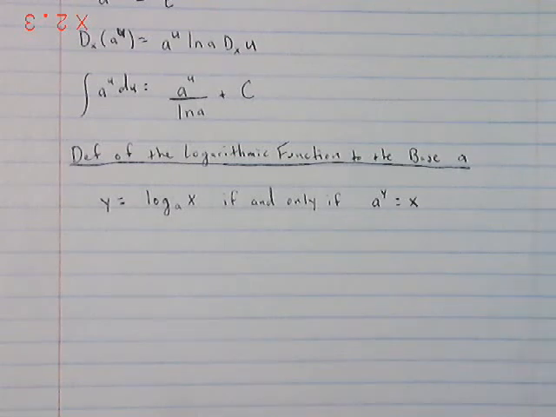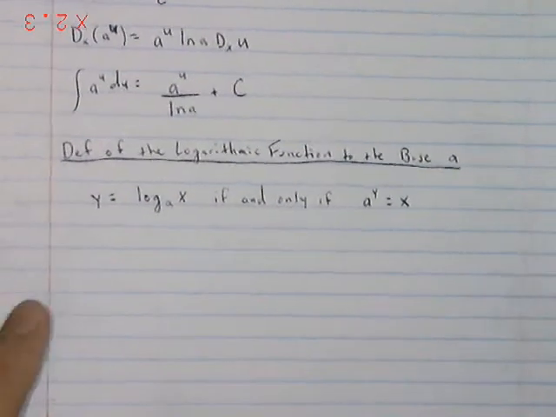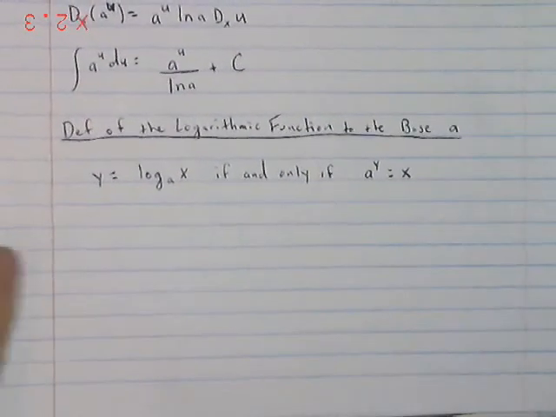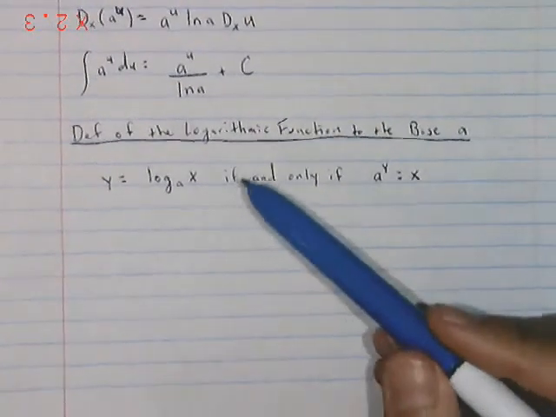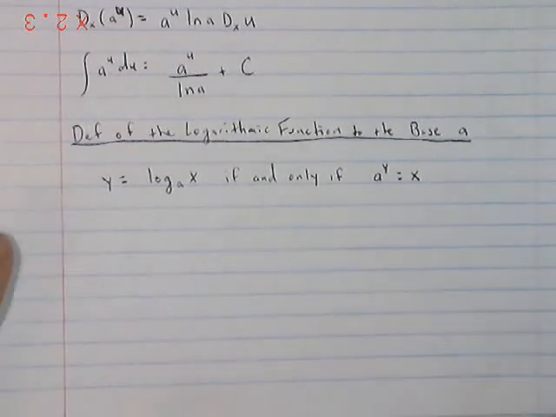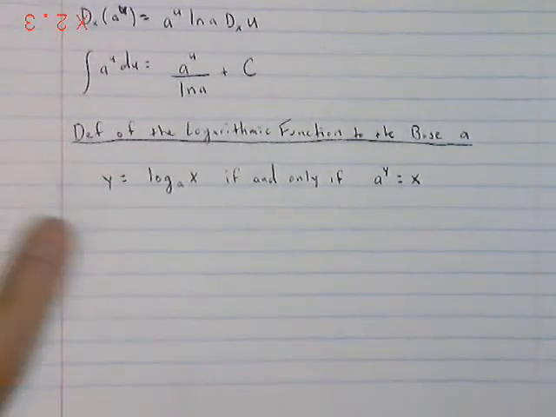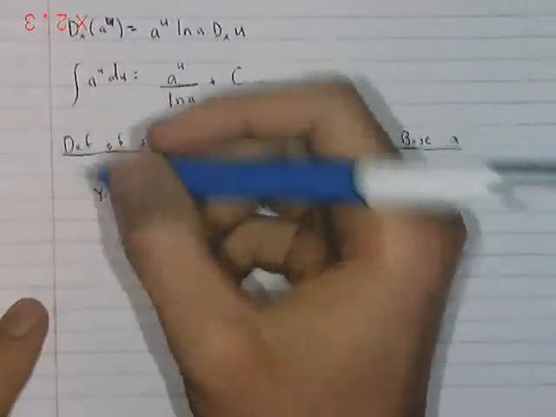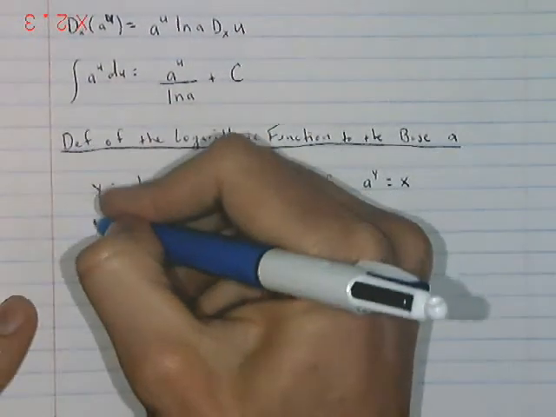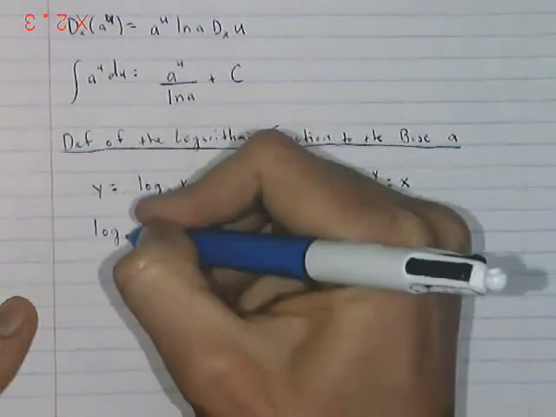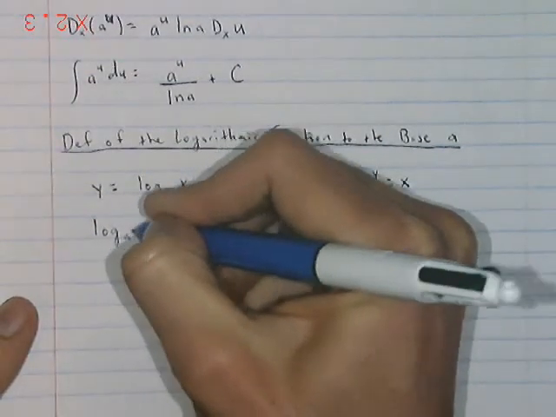Multiplication turns to addition, division turns to subtraction, etc. At this point, it's also worth mentioning this idea of changing the base of a logarithm, which comes from the fact that when this textbook was written, and when most textbooks were written, most calculators available to students did not have a log base a of x key.